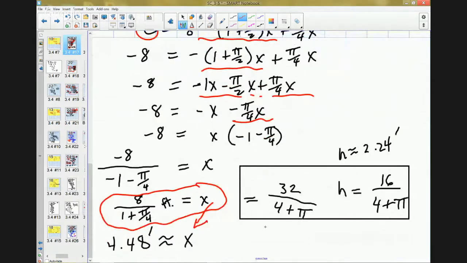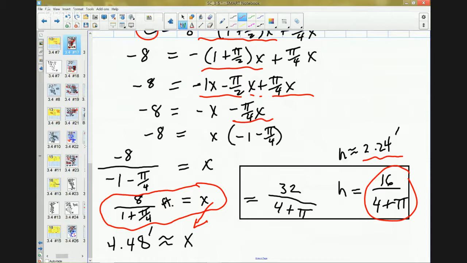And, well, a little bit awkward, but here's the expression for x. X needs to be, when you figure it out, a little bit under 4.5 feet. And the height, figured out over here, is that expression, which turns out to be about 2 1/4 feet.